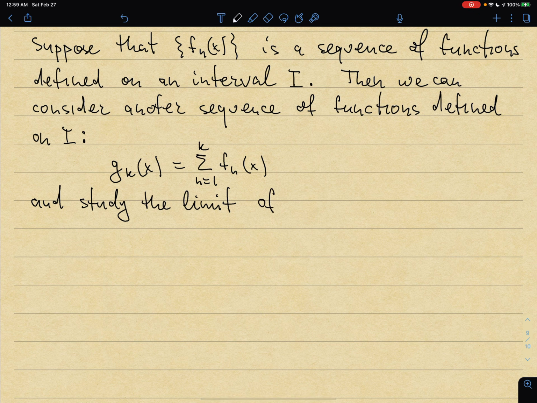So the limit of gk as k goes to infinity, right?